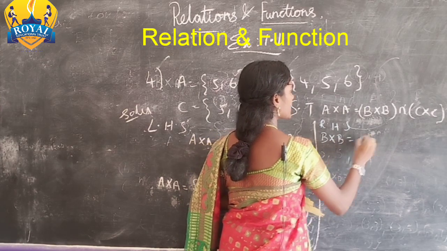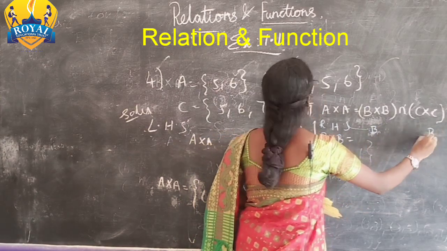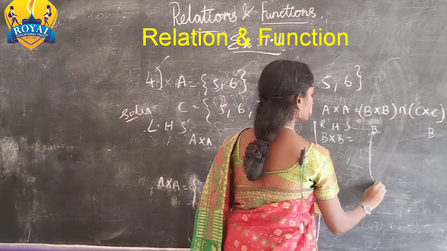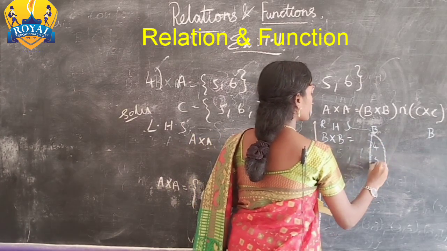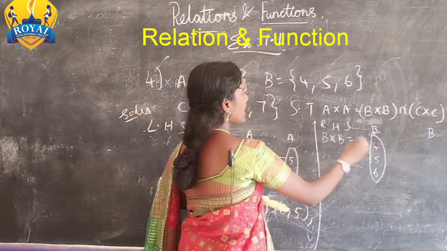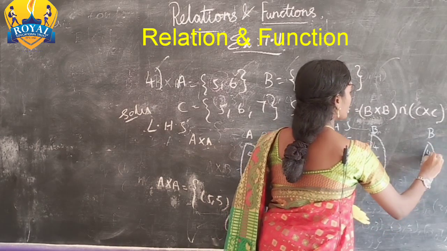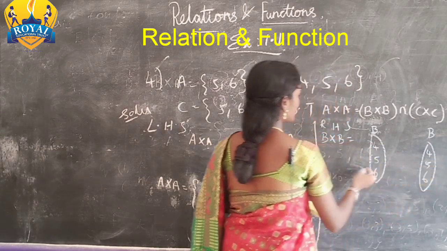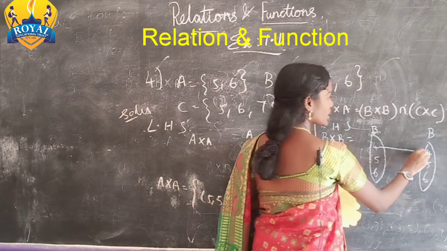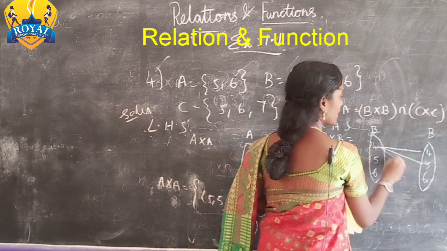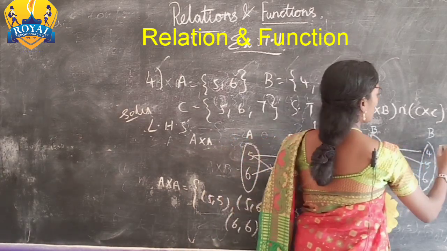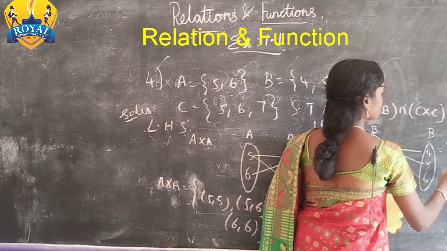The right hand side, B cross B. B means 4, 5, 6. Again 4, 5, 6. So 4, 4, 4, 5, 4, 6.